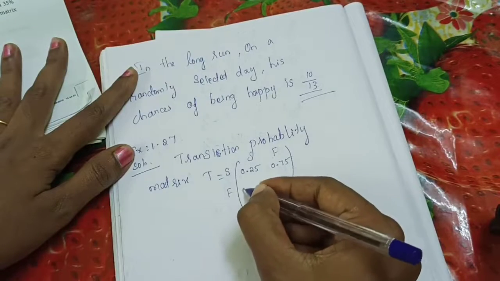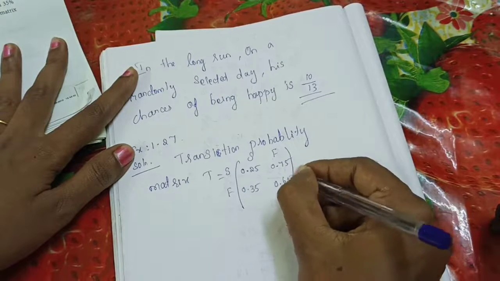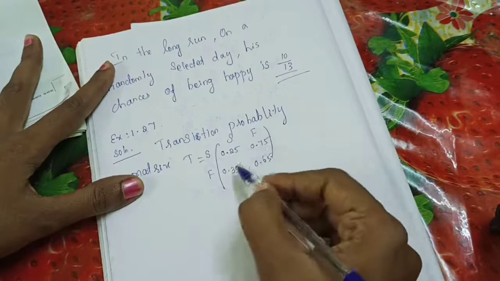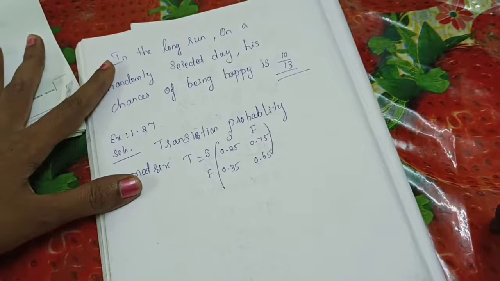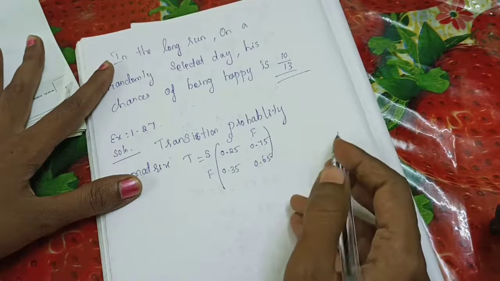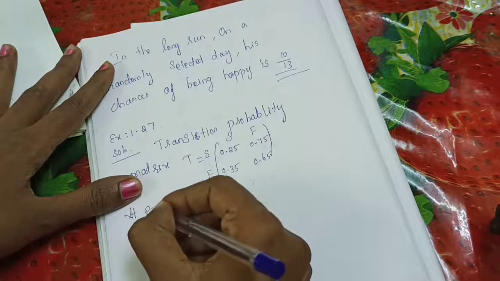So fails means 35%, which is 0.35. So what's the balance here? 0.65 is the balance. Understand? Like that you want to check it. So you add and see. If you add you will get 1. Okay. Add and see: 0.25 plus 0.75 means 1. Is it right? If you add these two, that's also 1. So at equilibrium.